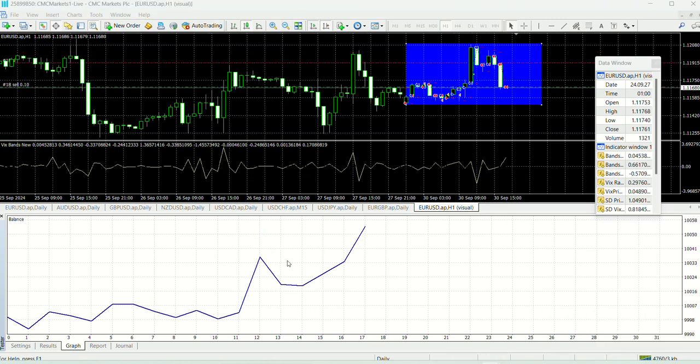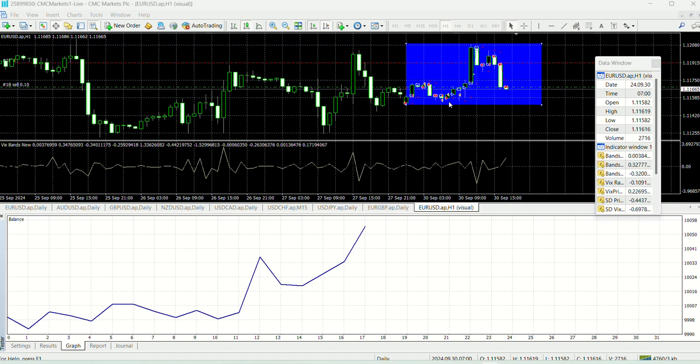Okay, so we got a new high in the equity curve, and the day has been really volatile. That was particularly the reason to choose this day, because of the wild swings we could see on that day.